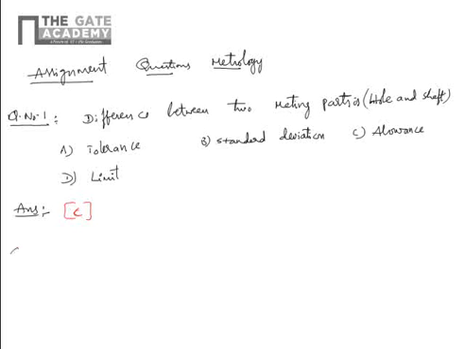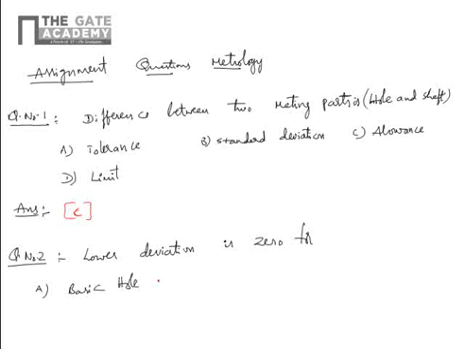Next, question number 2. Lower deviation is 0 for option A, basic hole, B, basic shaft, C, both, D, none.